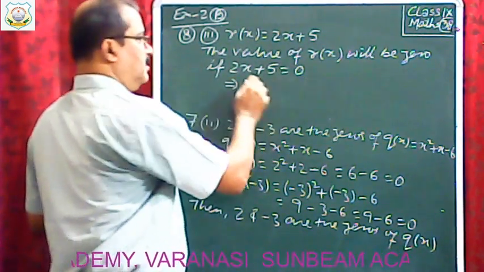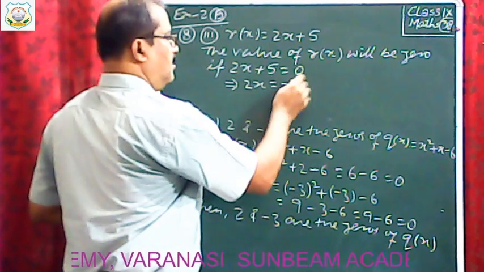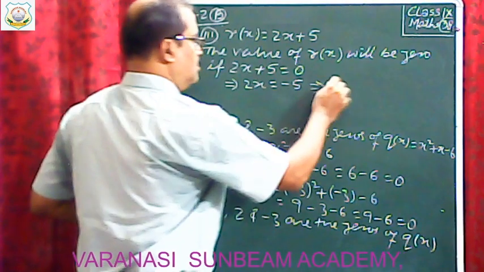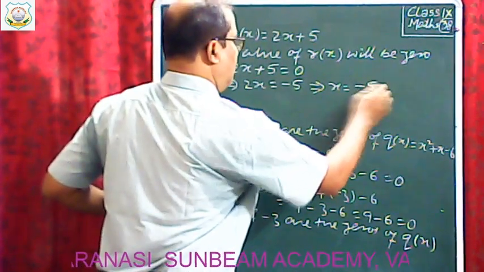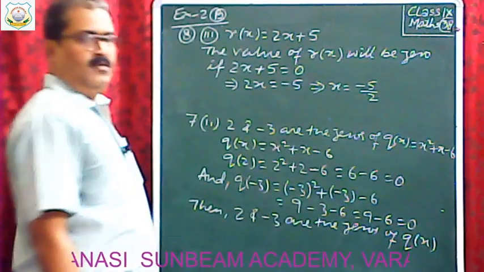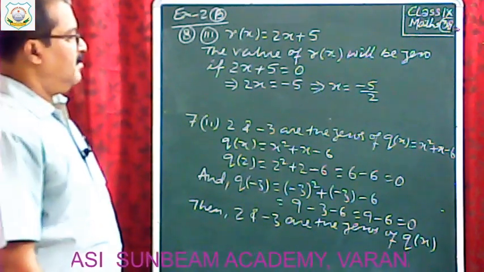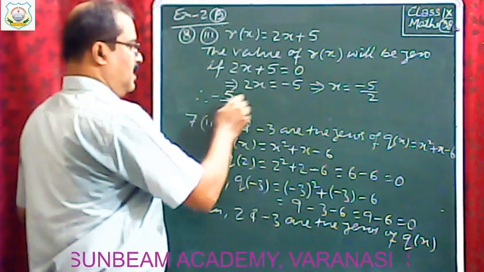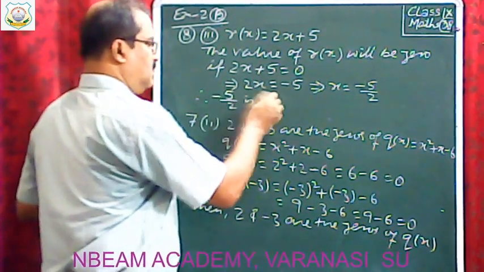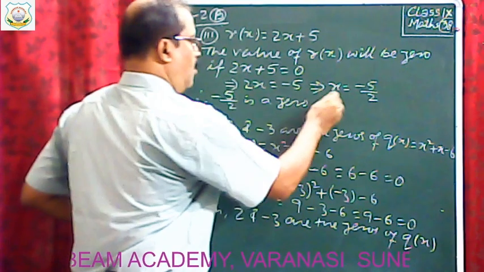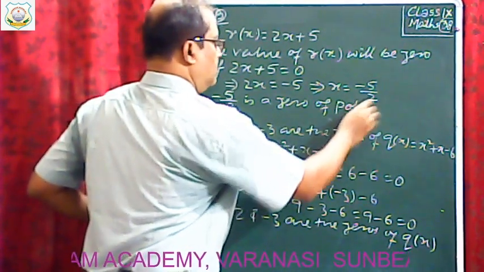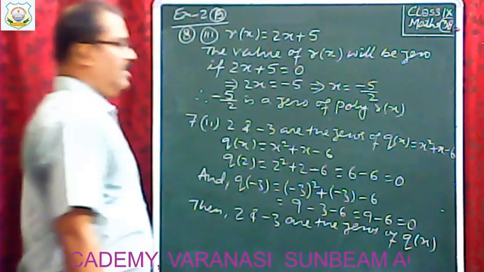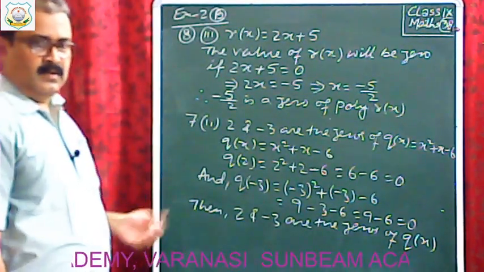Transposing 5 from LHS to RHS, and then transposing 2 also, x equal to minus 5 by 2. Therefore minus 5 by 2 is a zero of polynomial R(x).